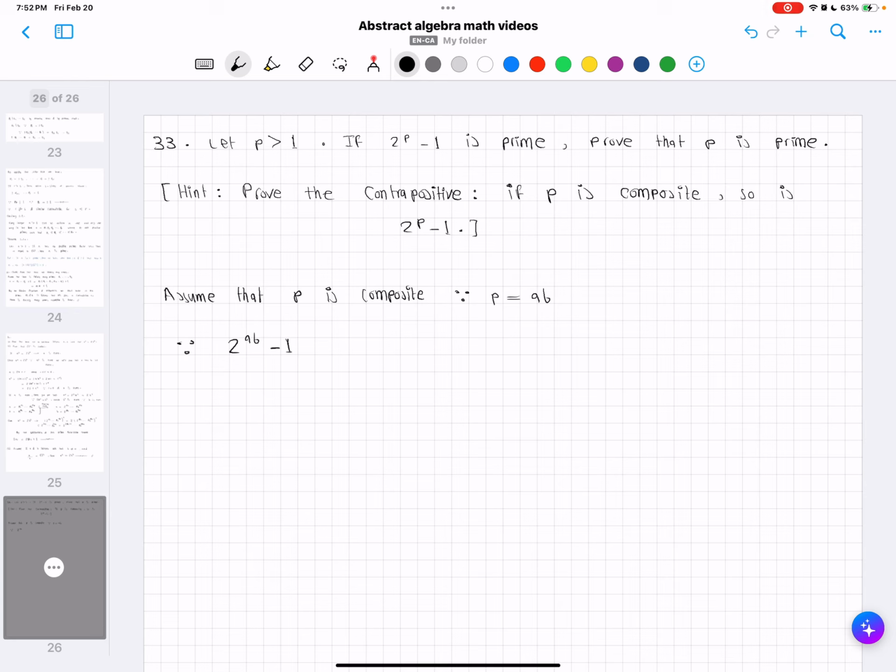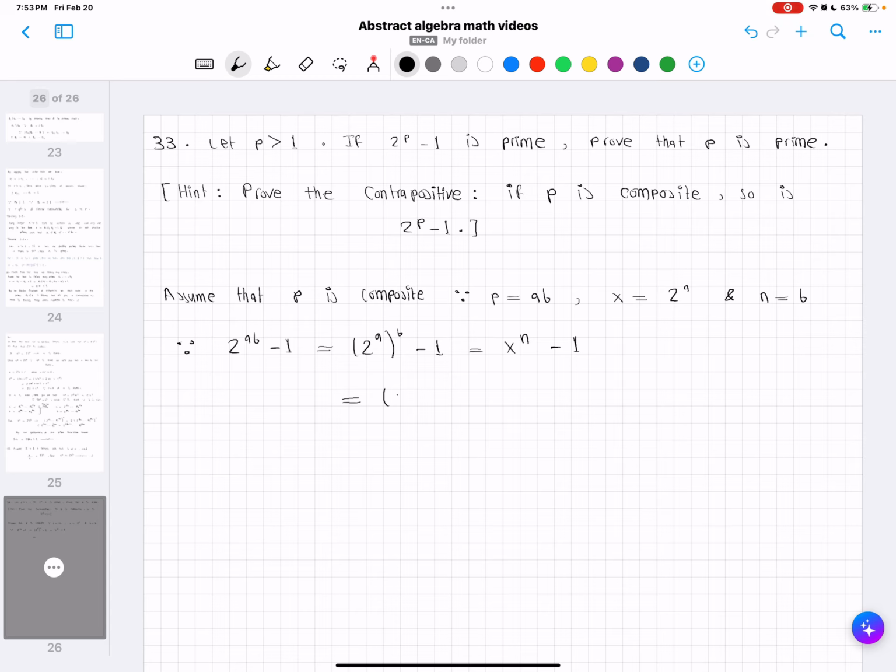minus 1. We want to prove that that's composite, but we can set x to be equal to 2 to the A and n to be B. So then that becomes x to the n, because here that would be 2 to the A to the power of B, minus 1, which is equal to x to the n minus 1, and that can be factored using the telescoping series.